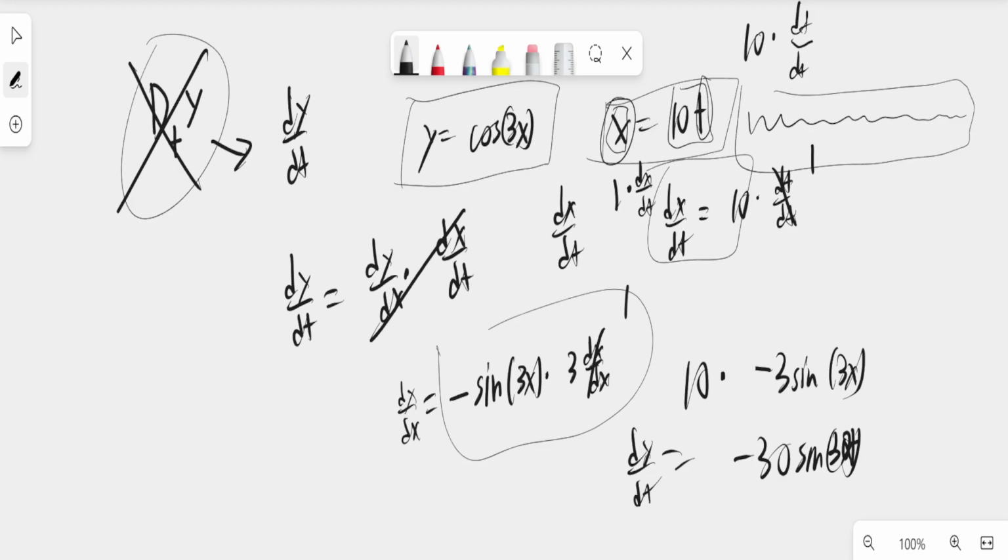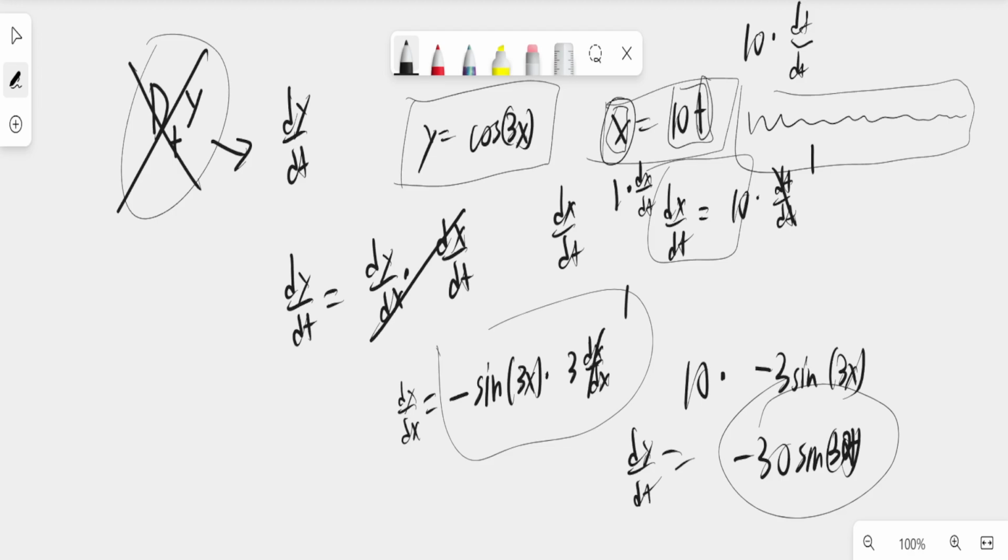Otherwise, if I leave x here, it's kind of useless, so you need to say it with respect to t. I'm pretty sure in the answer key he just left it as that. It's good practice to turn it back into the variable that you're taking the derivative with respect to. I think in the answer key it still says 30t inside.